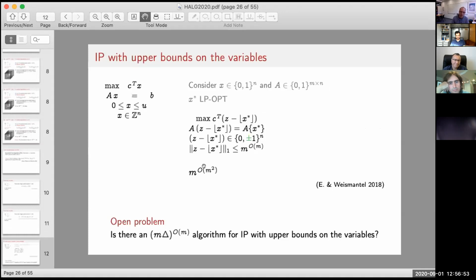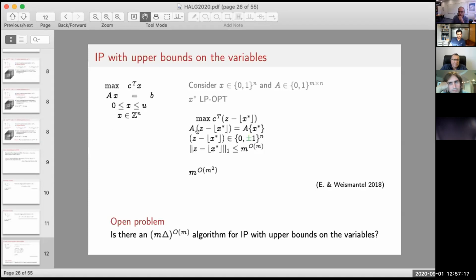Suppose that we have A, like in the setting of the lower bound that I mentioned before, A in {0,1} to the m by n, and x star is the LP optimum. Then we can just say, well, we want to maximize c transpose times z, where z minus floor of x star is a new variable, x star is no variable, right? So it's a constant.